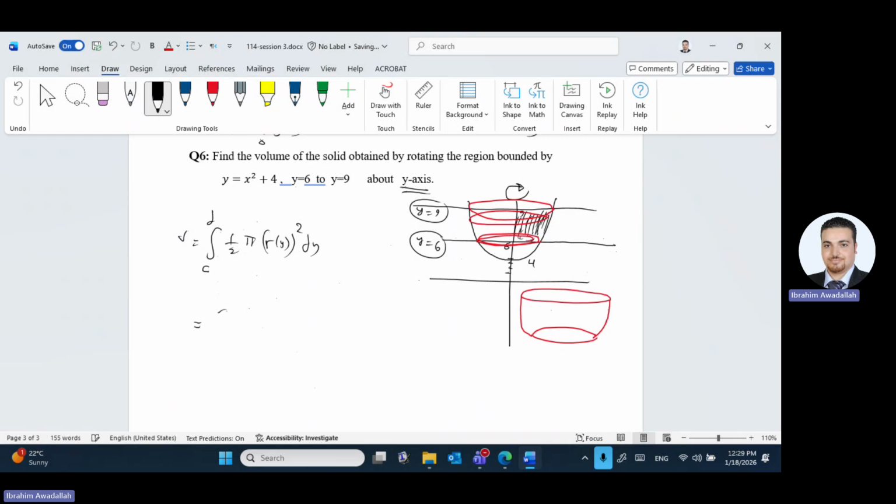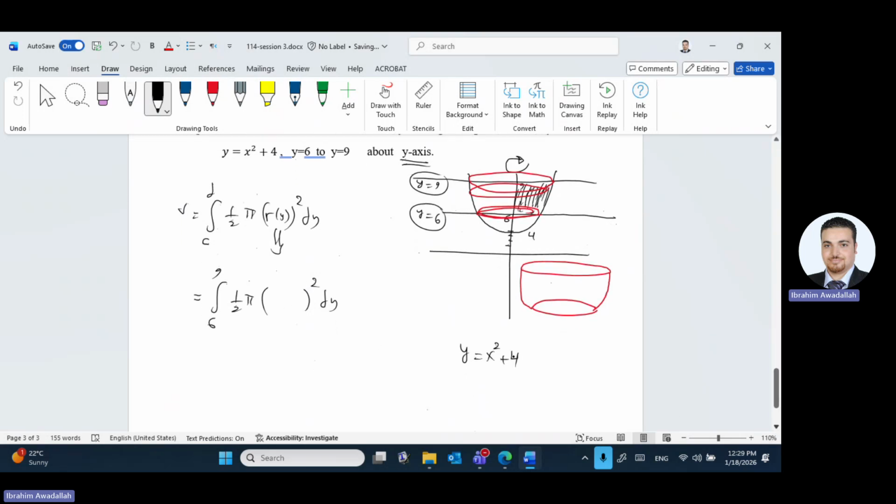c and d are 6 and 9, pi, and here is the most important thing, the function in terms of y. My function is y equals x squared plus 4. I cannot come and write here x squared plus 4 in terms of x. We need the function in terms of y. So convert the function, like finding the inverse of it.